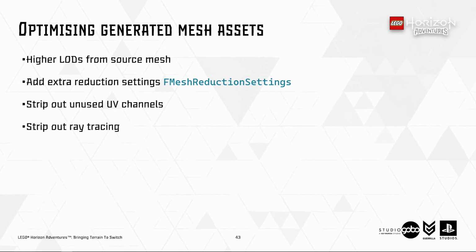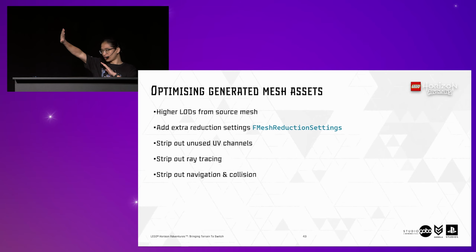We can strip out the ray tracing acceleration structure for the generated mesh as well, because it's not like we are doing any fancy real-time ray tracing on Switch. Next up, navigation and collision are not needed either, because these meshes are only displayed at a very far distance and the character does not stand on them.